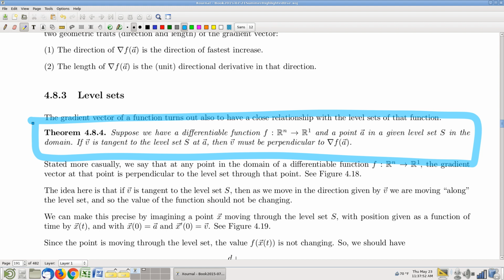This is a connection between a certain kind of derivative of a function, namely the gradient vector, and level sets of that function. Namely, gradients are always perpendicular to level sets. So does everybody see what I mean by calculus of level sets here? This is specific to level sets. This theorem does not work for graphs of a function. This is only for level sets of that function.